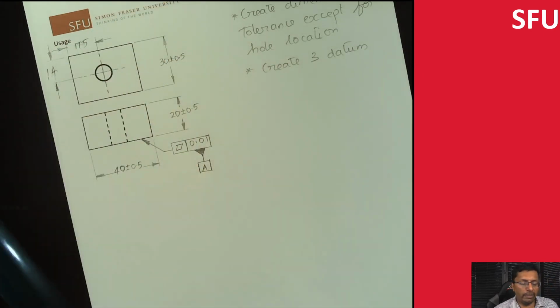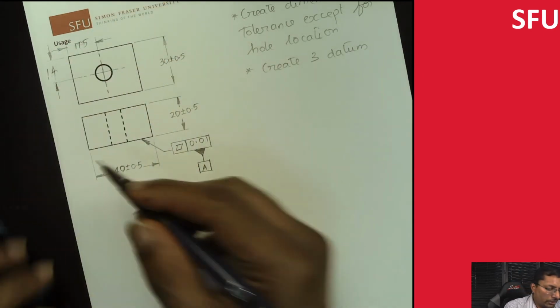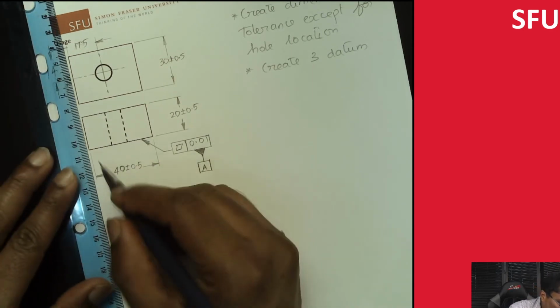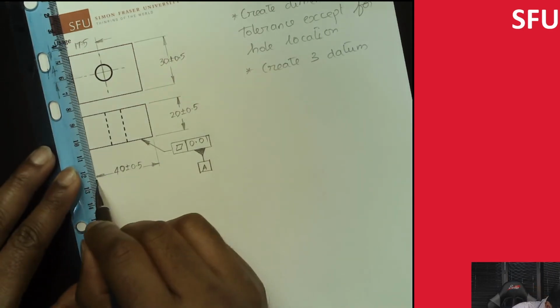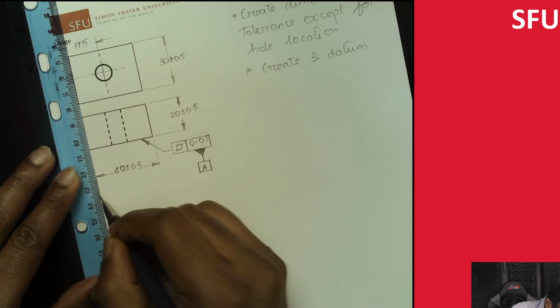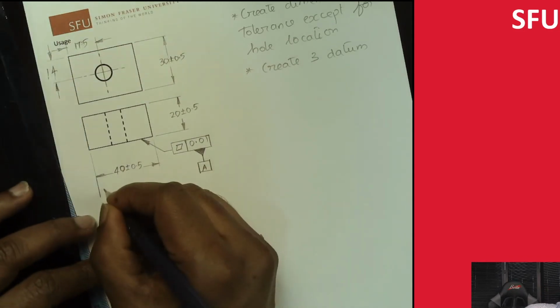Have basically created our first reference. So let's do the second reference. Here I'm going to just borrow this leader here, and this is going to be the perpendicularity symbol.